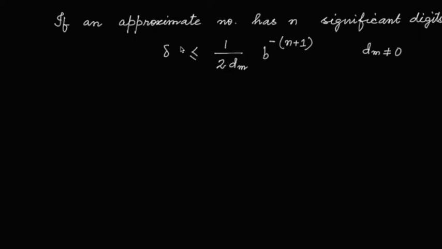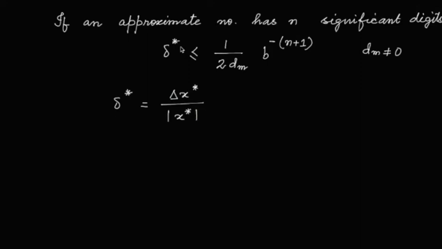So I have delta. You can call this delta star as well. Delta star is the definition of absolute error, equal to delta x star. I'm just writing the definition from the second board.